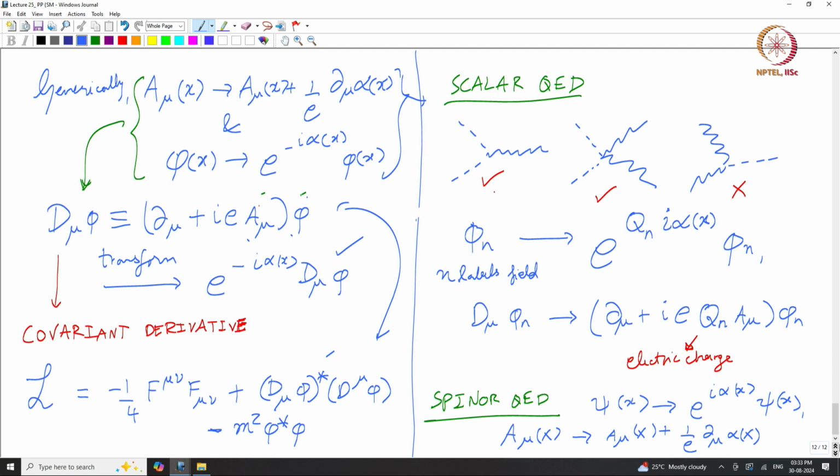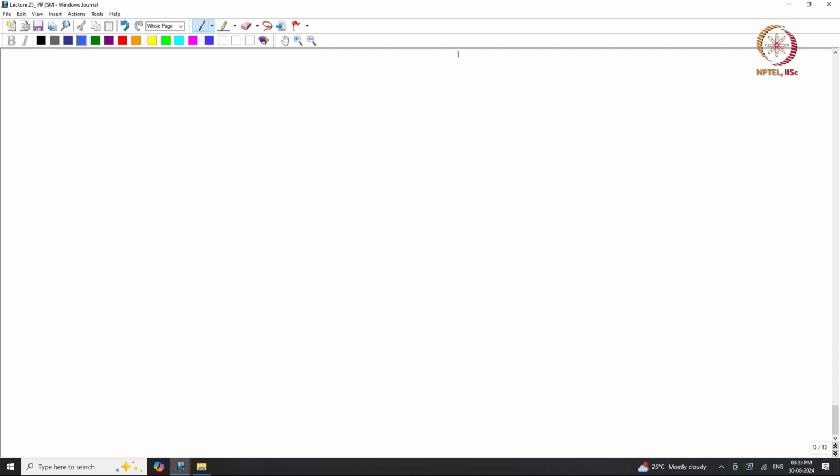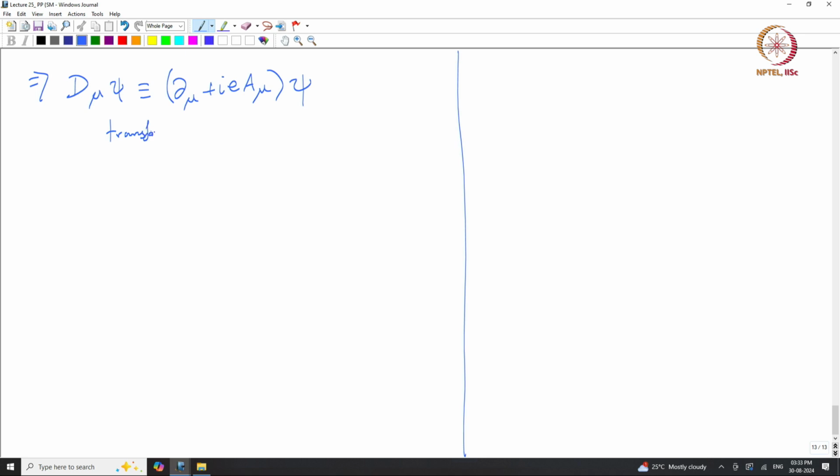Okay. Then how do I construct the covariant derivative? This means this is now my covariant derivative in exact analogy with scalar QED. That is my covariant derivative, which under the gauge transforms would go to e power minus alpha of x times the spinor, yet another gauge transformation, yet another rephasing, right.